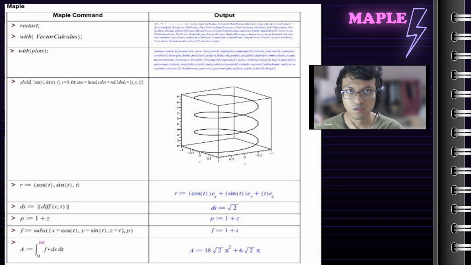We can also use Maplesoft to find it, which is really easy. First, we have to restart to reset all the equations from before, and then we load the vector calculus package and the plots to see how the spring looks.